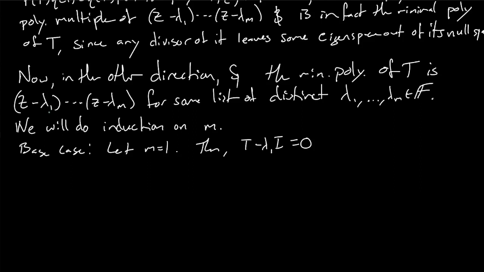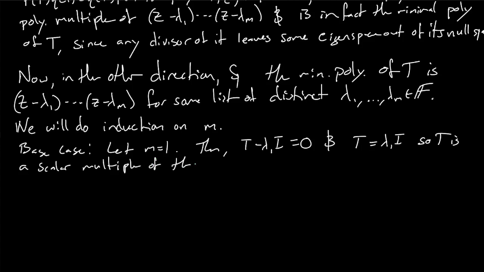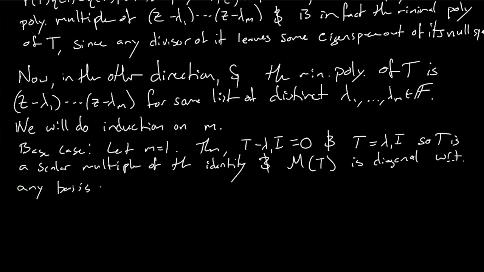You'll get T minus lambda 1 I equals 0, and T is equal to lambda 1 I. So T is a scalar multiple of the identity, and the matrix of T is diagonal with respect to any basis of V.